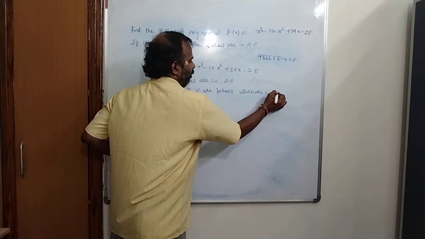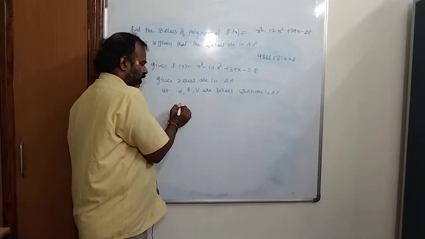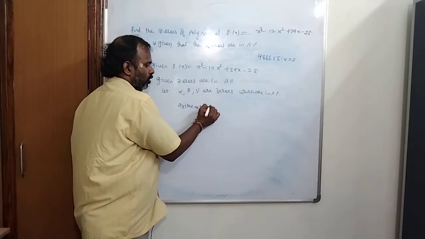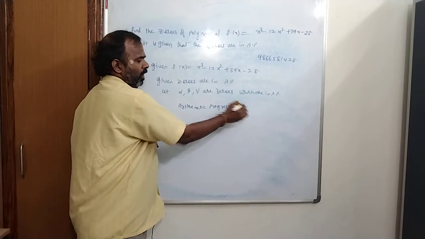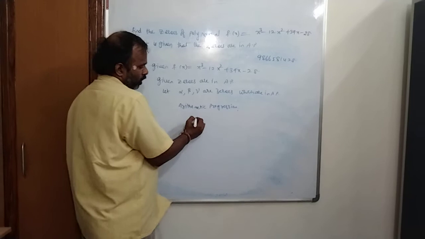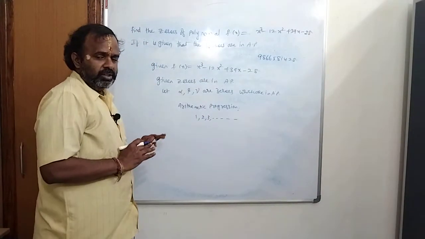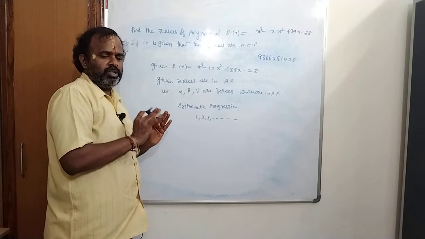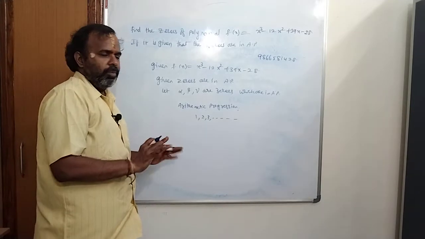Now what is AP? AP is nothing but arithmetic progression. Arithmetic progression means if you take some set of numbers like 1, 2, 3 and so on, either they increase in a proper way, I mean the difference will be common for all of the numbers, or they decrease in one common way.